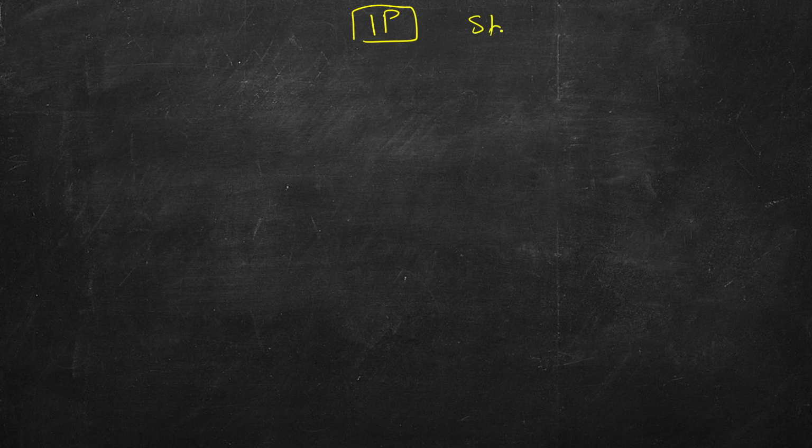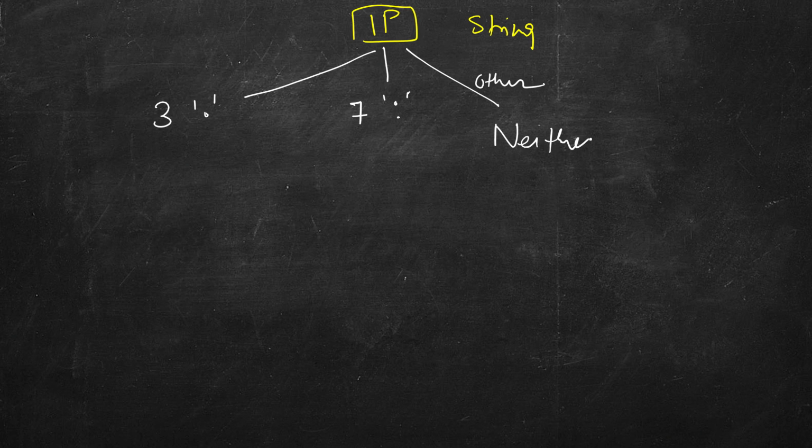This is a string. And we will check if it contains 3 dot characters, or it contains 7 colon characters, or this is the other case, any other case. Then we return neither here. We don't need to expand this branch further, and we will expand these branches, any one of them, not both.